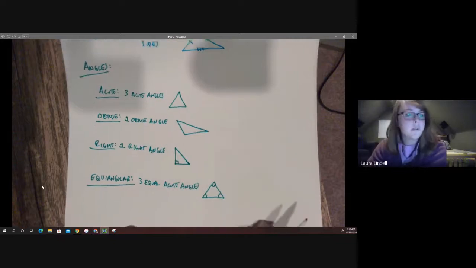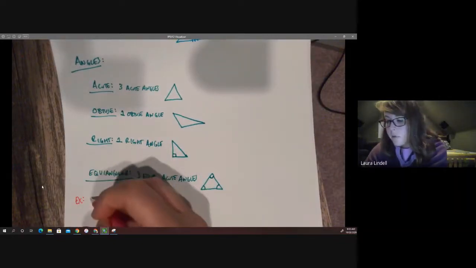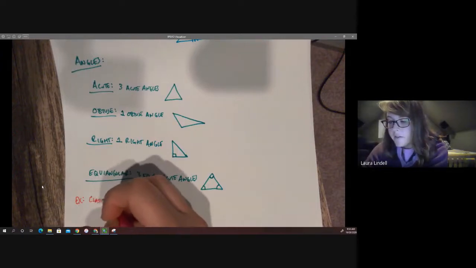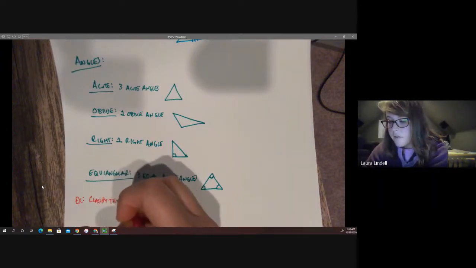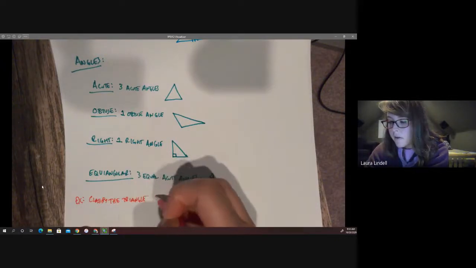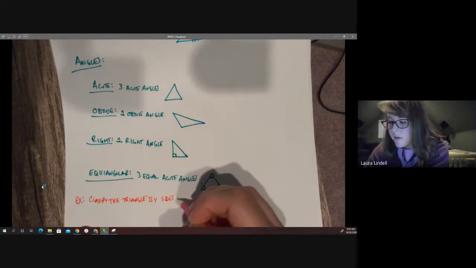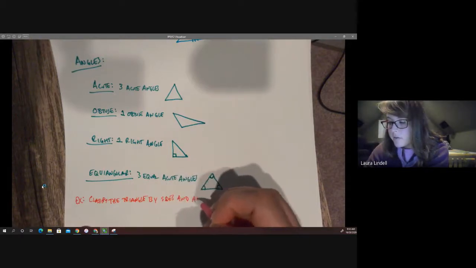So let's do a couple of examples of questions you might see. We might be asked to classify the triangle by sides and angles.